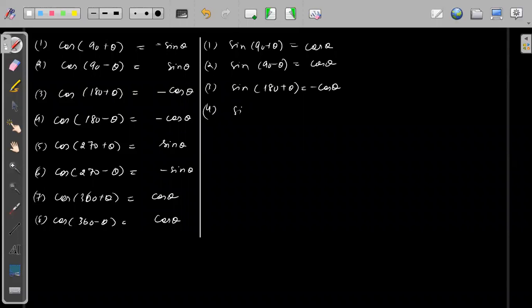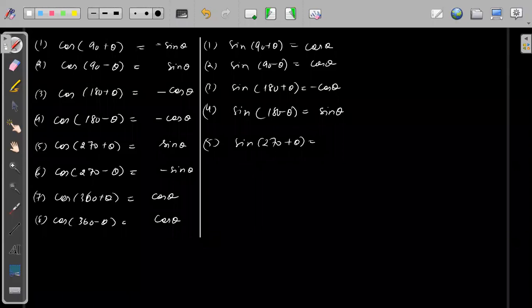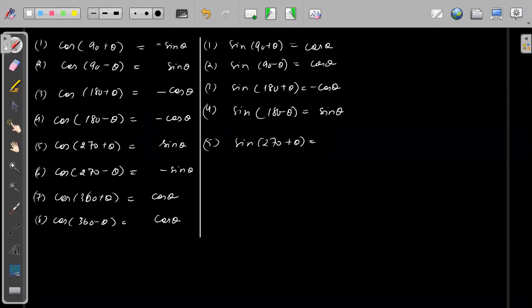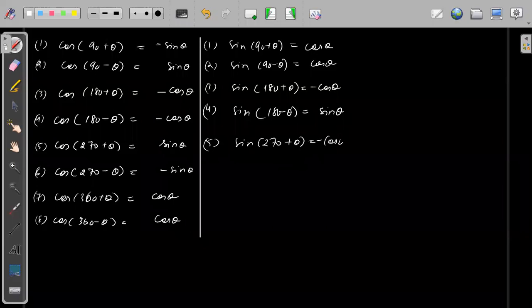Fourth, sine of 180 minus theta, sine theta. Fifth, sine of 270 plus theta. Tell me. Minus of cos theta, very good.